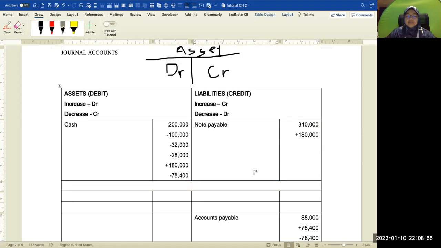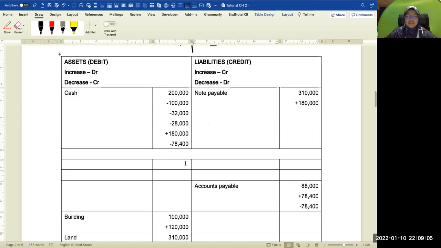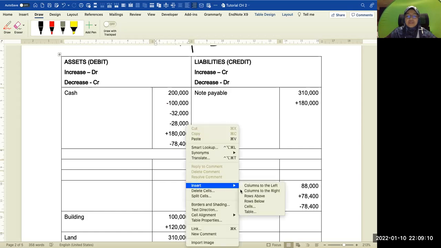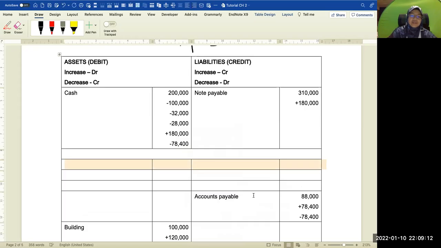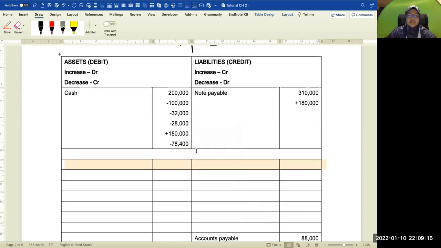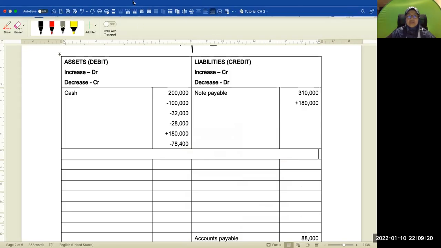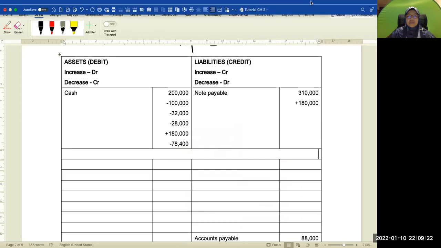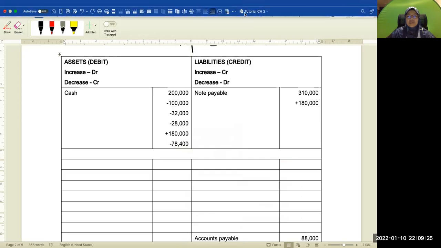So if you sum it, 200,000 plus 180,000, total will be 380,000, and total debit will be 380,000. Total debit and total credit will be 400.